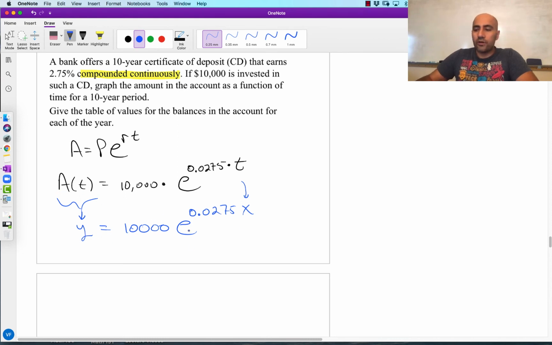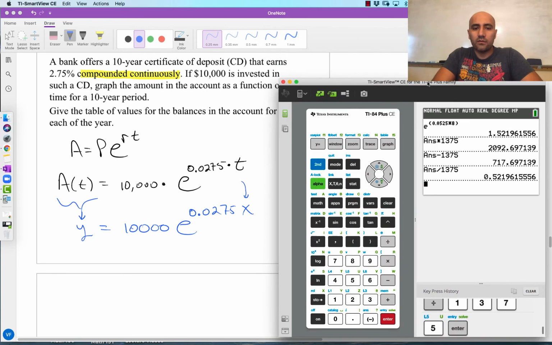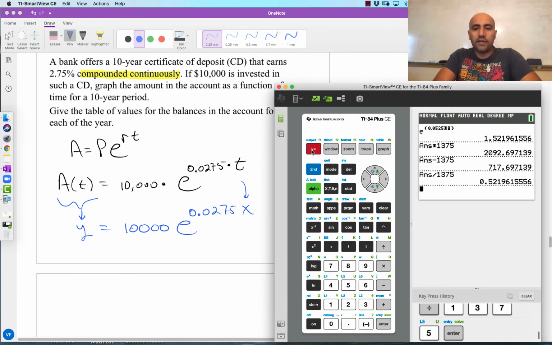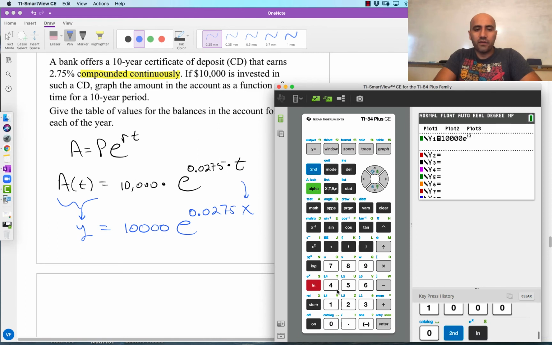This is what we want to put in our calculator. So let's come back to our calculator. And so what we're going to do is we're going to go over to y equals, clear anything there, and we're going to put 10,000, and then e to the power of 0.0275x. And so here's my function, y sub 1.